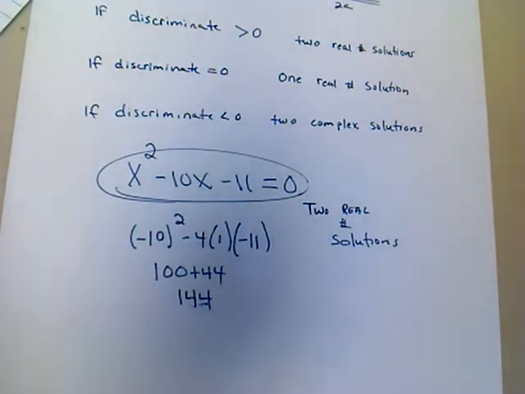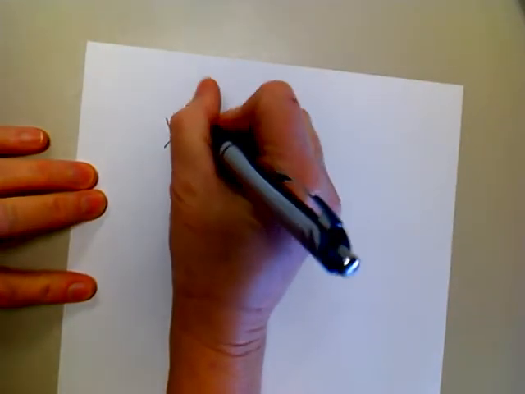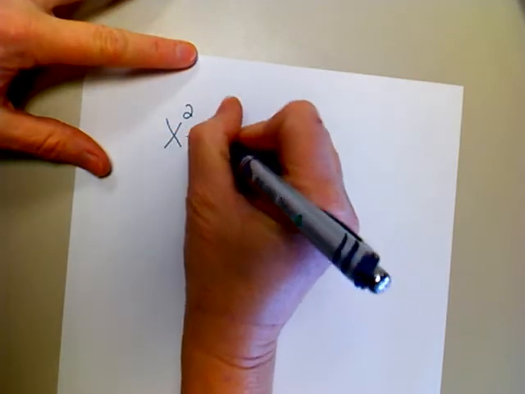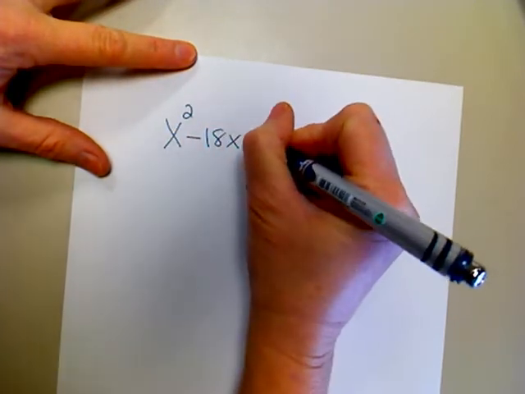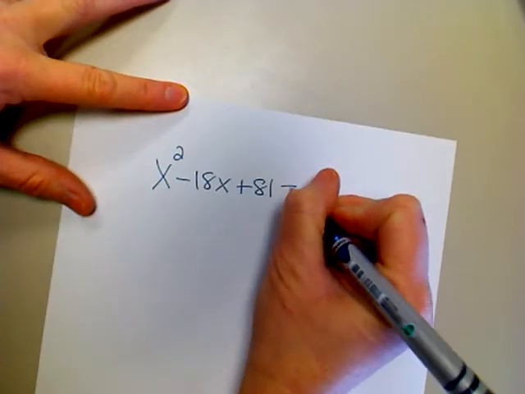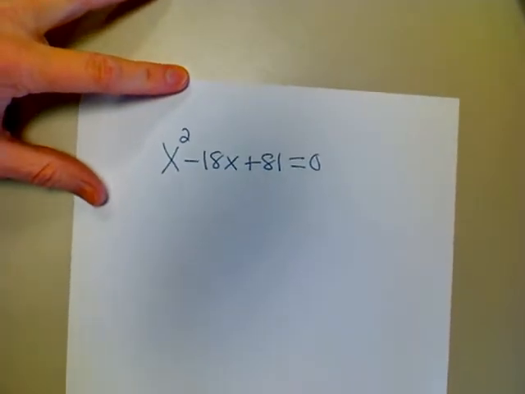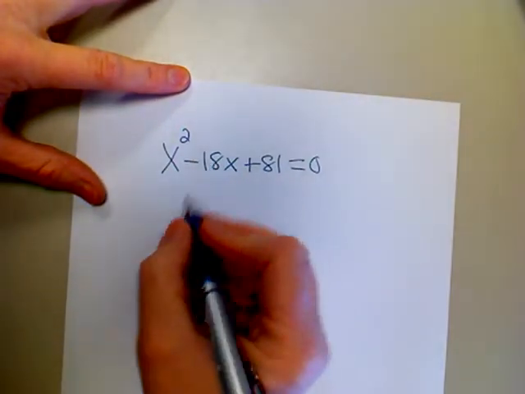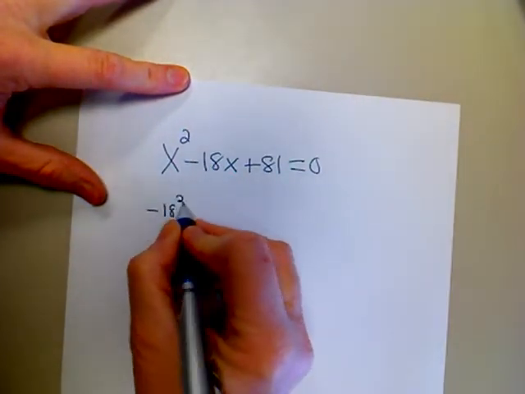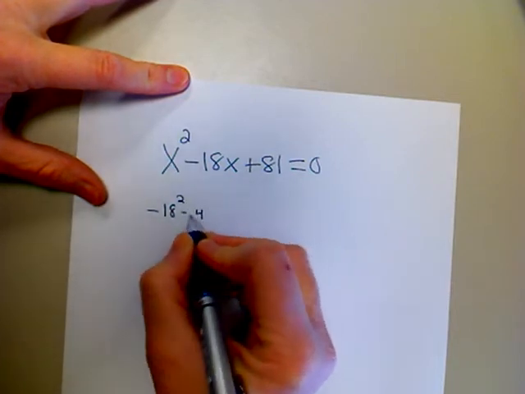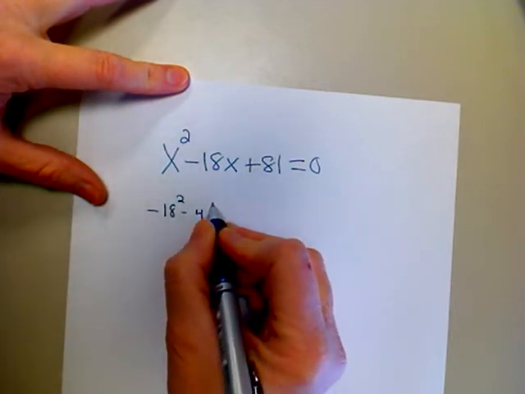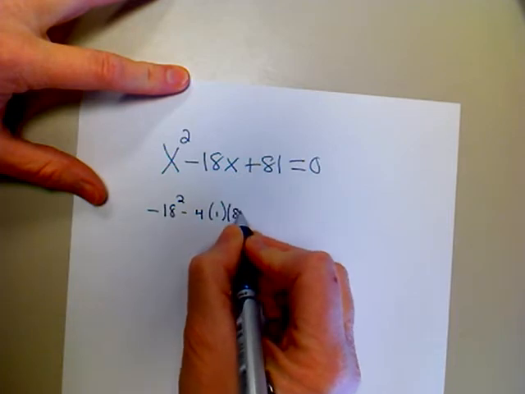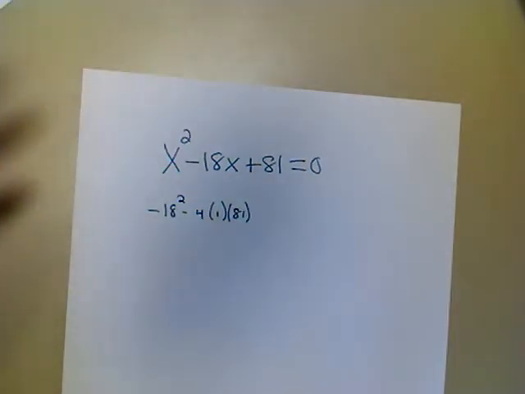Now, if I give you this problem, to find the discriminant, it's this squared, so negative 18 squared minus 4 times a times c. I don't have a calculator, so give me a second while I dig that out.